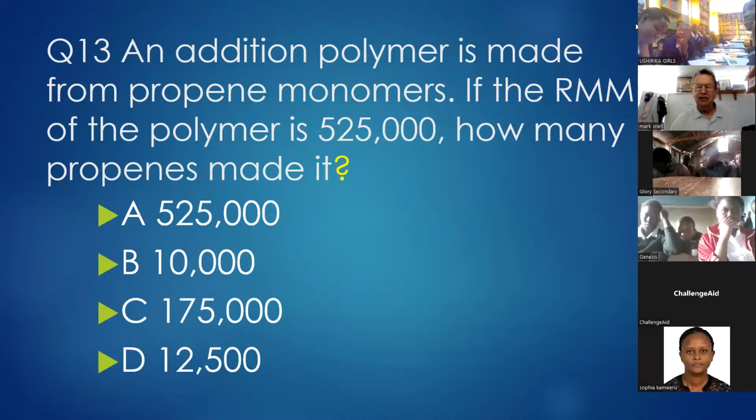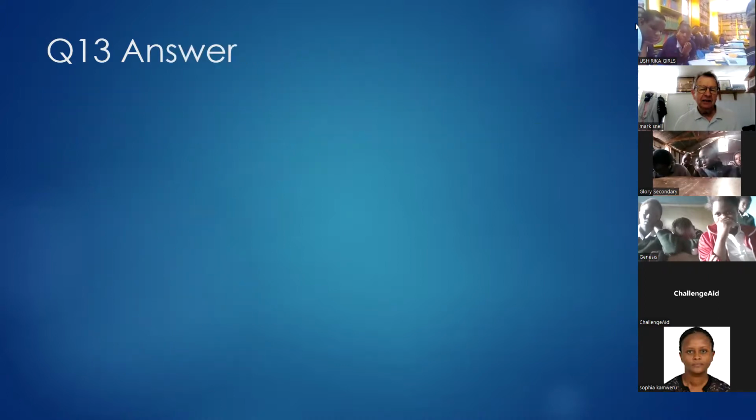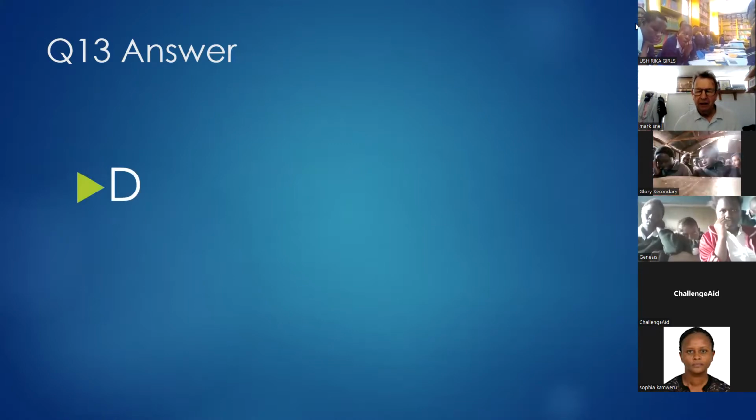So come on then, Genesis, you can do this. 525,000 RMM. How many propenes? Work out what propene weighs, what its RMM is, and you can do it. And the answer is D. The answer is D. Why?